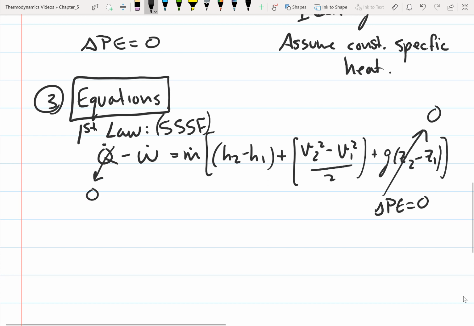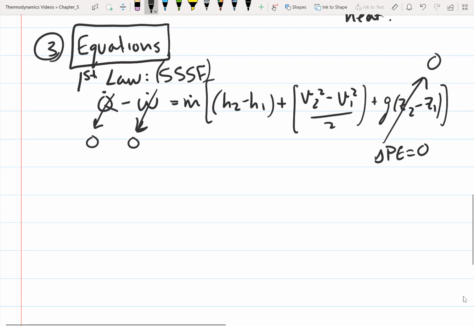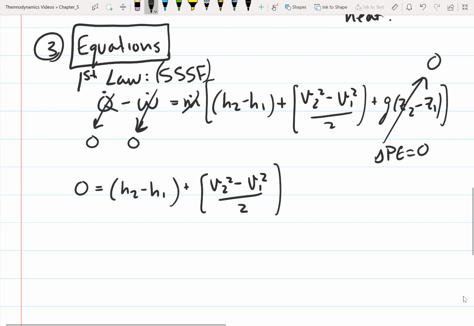We know it's adiabatic. It's passive. There's no work. So we're left with this equation. So we have 0 is equal to m dot, and this m dot just kind of goes away too. So we have h2 minus h1 plus v2 squared minus v1 squared over 2.